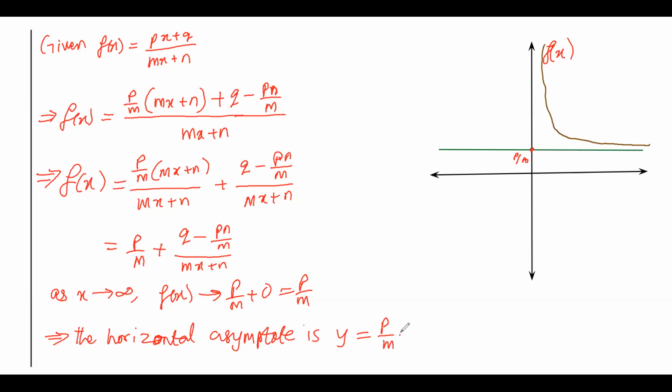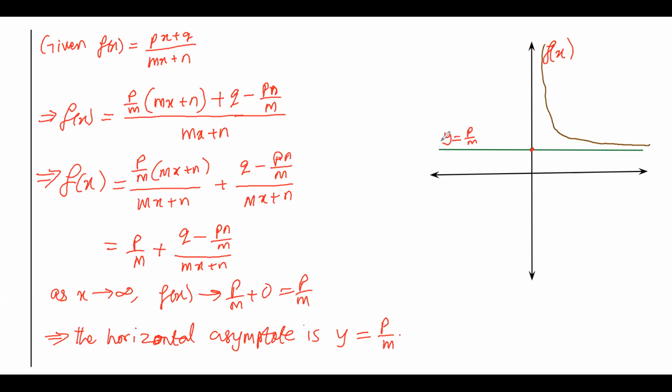And that's what Krista was talking about earlier. Any question, class? No. Okay, so this is y equals p over m. That's the equation of that line. y equals p over m.